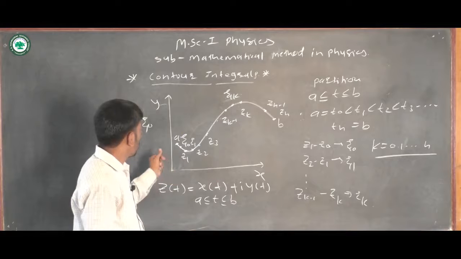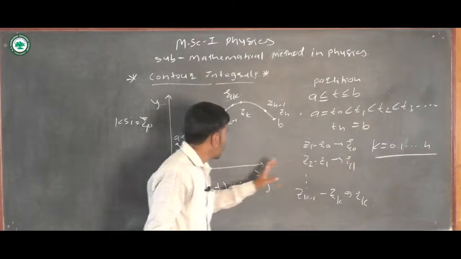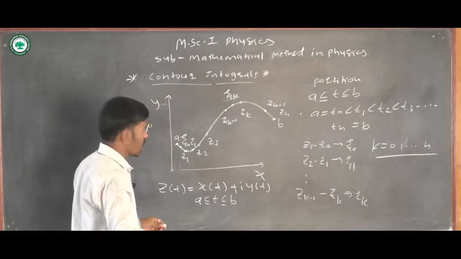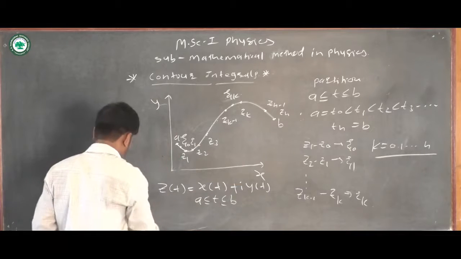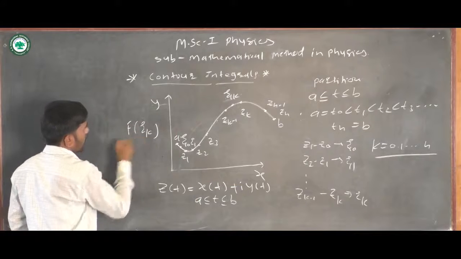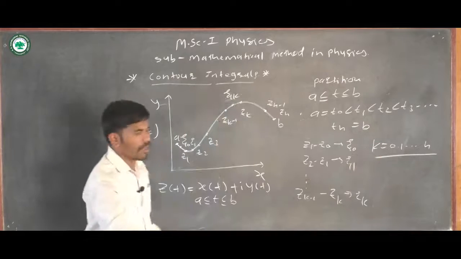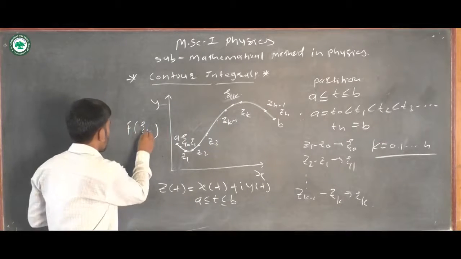So now corresponding to this arbitrary point, if I consider the function, that is f of psi k. Because this k varies from 0 to n, that's why I am considering psi k.